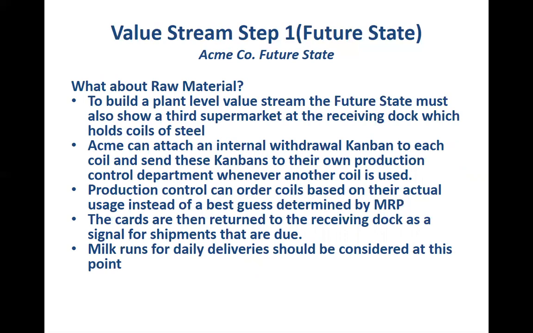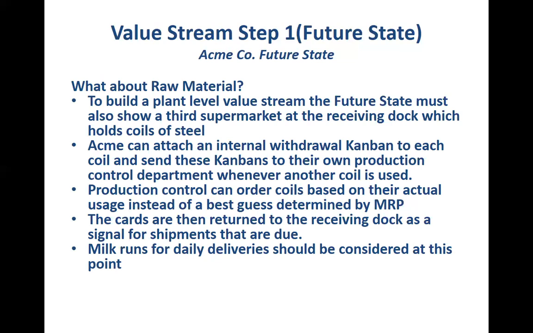And the way it's going to work is that the company Acme can attach an internal withdrawal Kanban to every coil that they receive from the supplier, and then these Kanbans are sent to its own production control department because that's the one which coordinates the information. Whenever another coil is needed, the production control department receives this Kanban, and then production control can order the coils based on their actual usage by the stamping press.